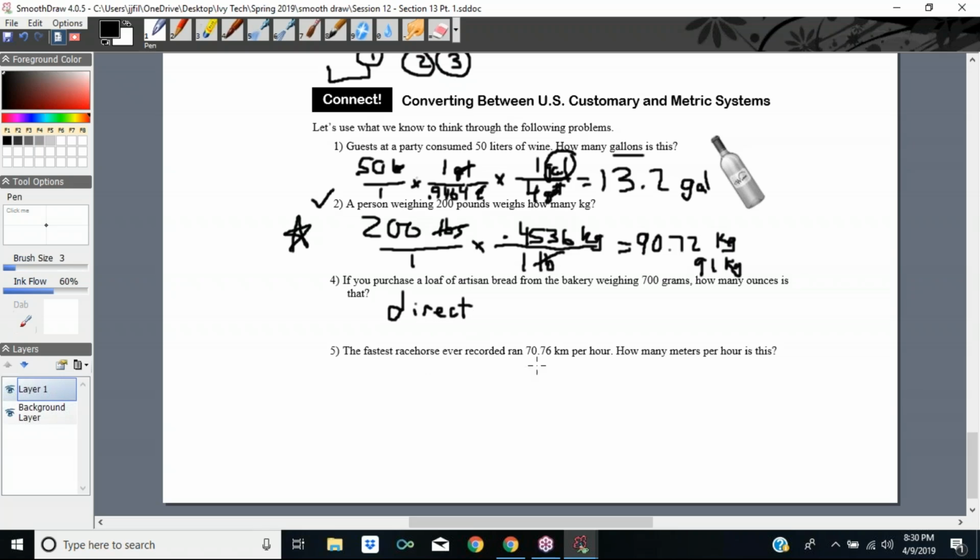Number 5, 70.6 kilometers per hour. How many meters per hour is this? Well, that one's a little bit different. Even though it's one conversion, we'll still do it. I want to show you how we set this up. Kilometers per hour. So the divide line means per. We want to have meters per hour when we're done, so we just have to convert the kilometers into meters. 1 kilometer, remember what kilo means, it means 1,000, would be 1,000 meters.